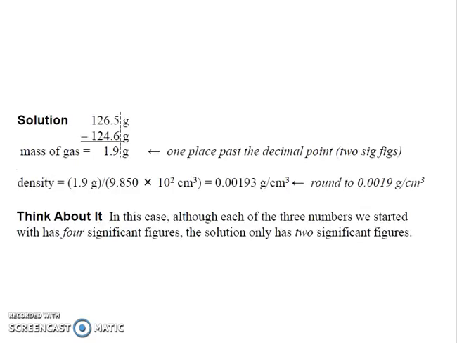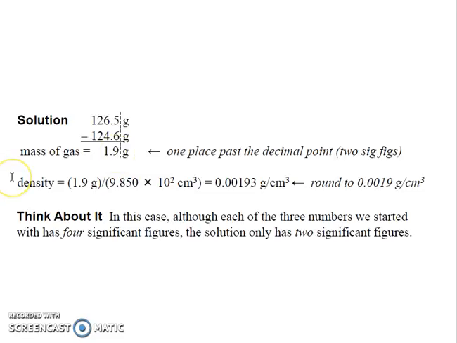So, for the solution, first we want to do a subtraction. 126.5 minus 124.6 comes out to be 1.9. Notice the 1 digit past the decimal place. That's going to give us a total of 2 significant figures when we apply the decimal rule for the subtraction.